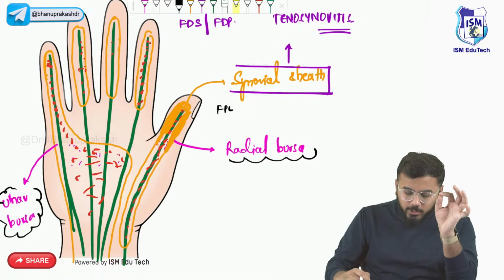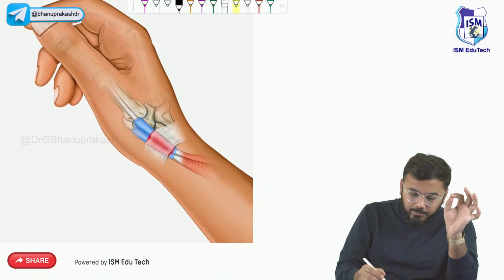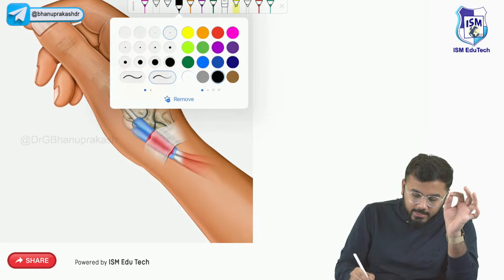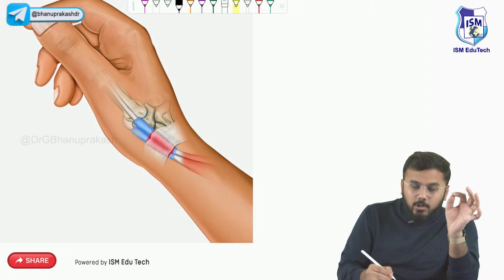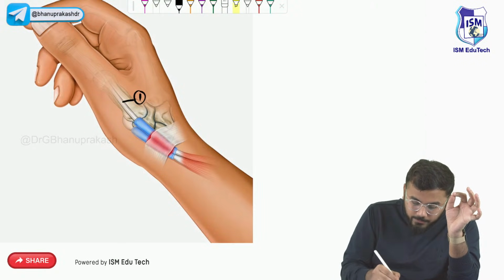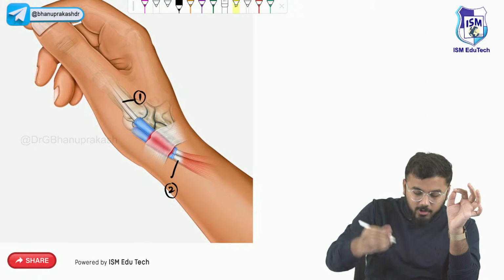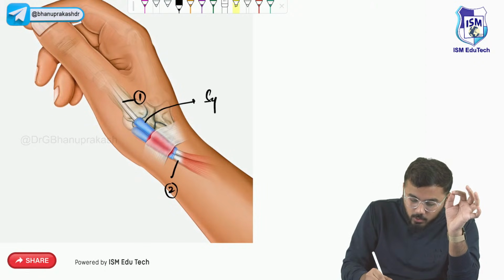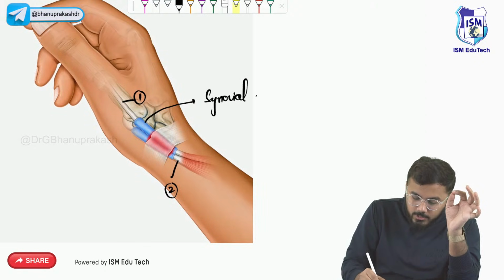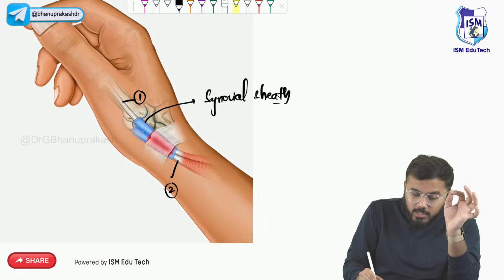So one example I'm going to tell you, guys: if you look at this picture clearly, you can see two tendons. This is tendon number 1 and this is tendon number 2. And the tendons are covered by this blue colored layer, which is nothing but the synovial sheath. And what are these tendons?